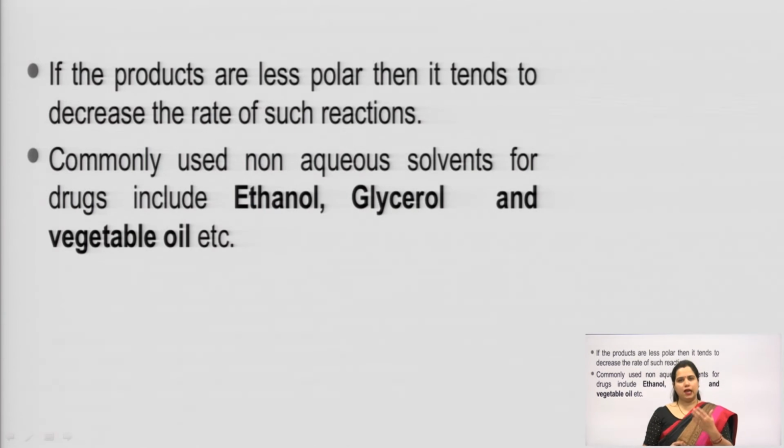If the products are less polar, then it tends to decrease the rate of such reactions. So, if products are non-polar, it decreases the rate of such reactions, right. So, polarity is the thing which is affecting the rate of reaction. Commonly used non-aqueous solvents for drugs include ethanol, glycerol and vegetable oil. All these non-polar solvents generally have a lower rate of reaction as compared to polar ones.